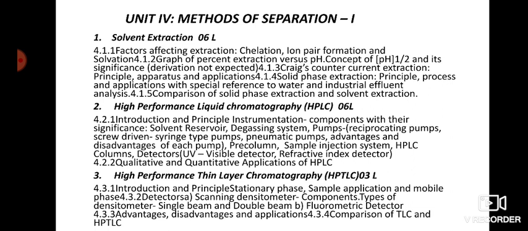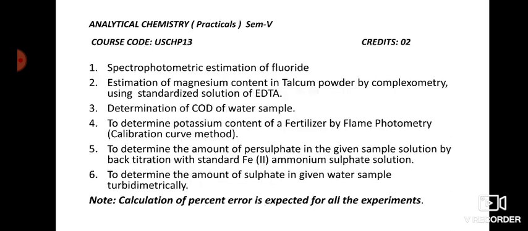Now we are going to see the practicals for this semester 5 for paper number 4. The university code for this course is USCHP 13. In this semester we have a total of 6 practicals. The first experiment is spectrophotometric estimation of fluoride.